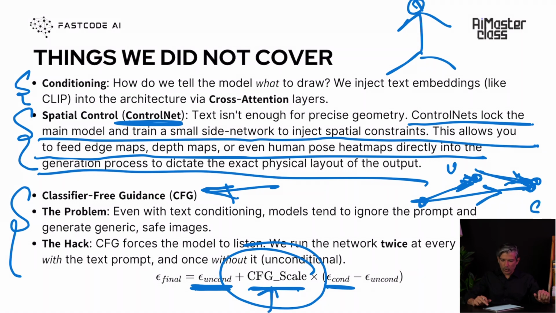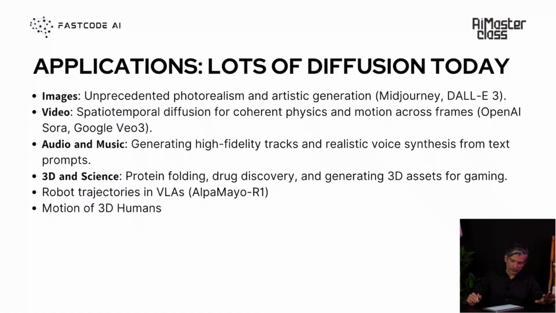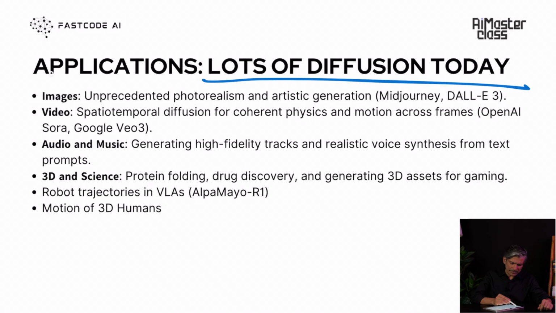But here, what I wanted to get through was that diffusion is happening a lot today. It's happening in images with the likes of Midjourney, DALL-E, Nano Banana. It's happening with video with the likes of Sora, Veo 3. It's happening in audio and music, Suno.